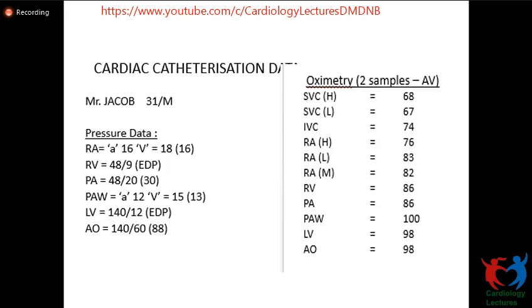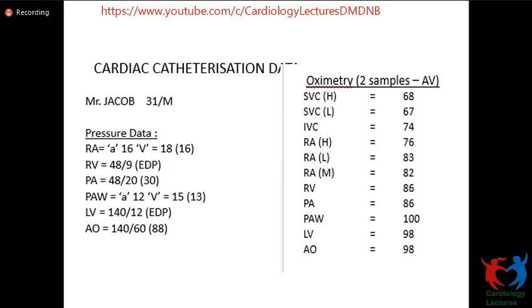Sometimes in a patient with ASD, the real mixing of the blood may take place only in the RV, because there is a streaming of the blood towards the RV, and the step up of the oxygen saturation may be best detected by the mixed oxygen, the real step up which is picked up in the RV without any VSD. But you should be sure that there is no VSD.